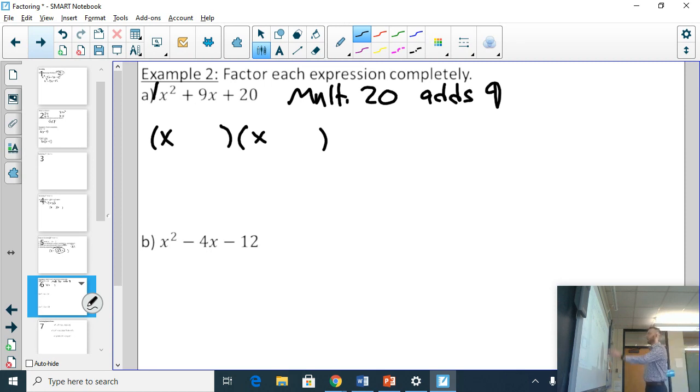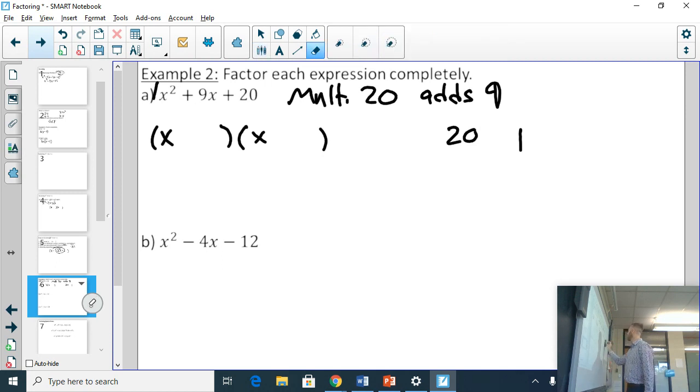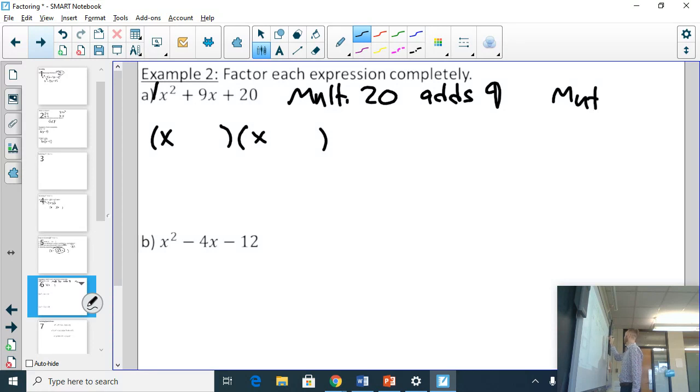And now multiples of 20, there's, of course, 20 and 1. Or I'll write this over here. So multiples of 20. We have 20 and 1. I don't see how that could add to 9.